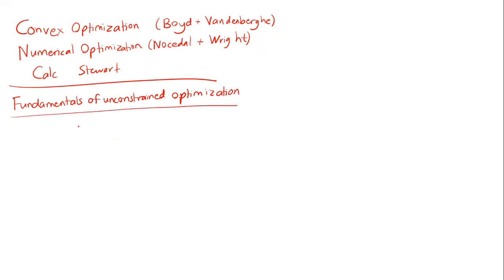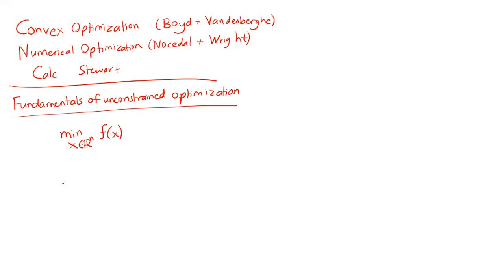The idea is that an unconstrained optimization problem would be minimized by selecting decision variables which cause f of x to be as small as possible, where x can be in Rn. And we are going to require that this f of x is sufficiently smooth to help us with some of what we are doing.